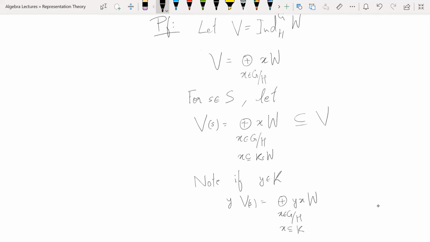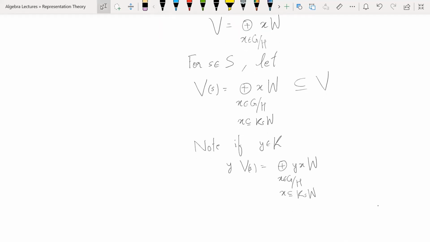I'm sort of conflating a coset with a representative here, but it's okay. Since y is in K, this is the same as the sum of yxW with yx in G mod H such that yx is contained in KsW.